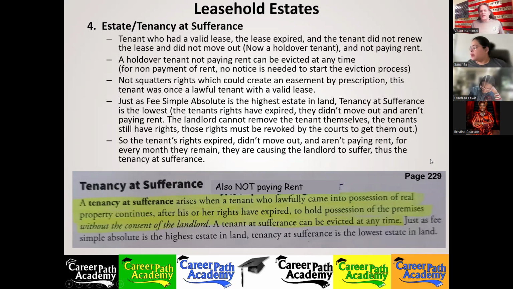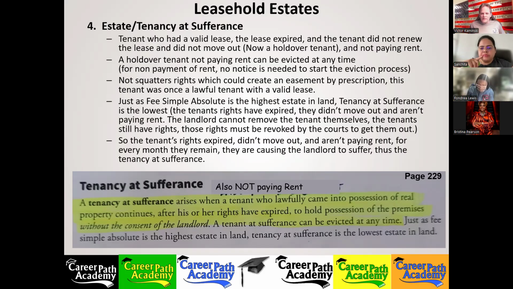Well, wait, tenancy at sufferance is if the lease term expired. So the holdover tenant is part of a periodic estate, right? When it automatically renews, it's a holdover tenancy. No. Because it automatically renews, that means that they have a lease right to be there.